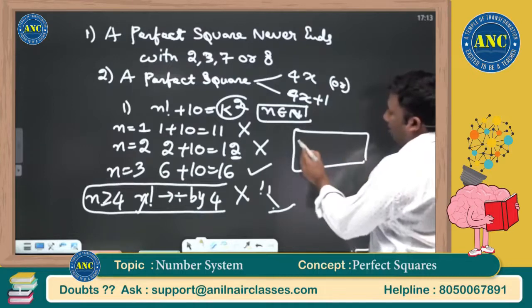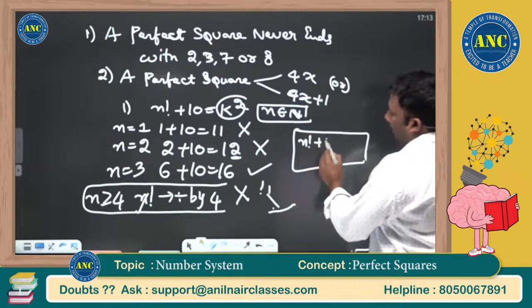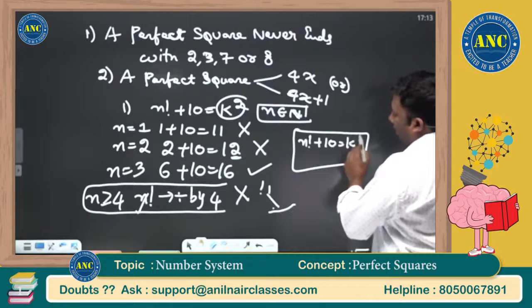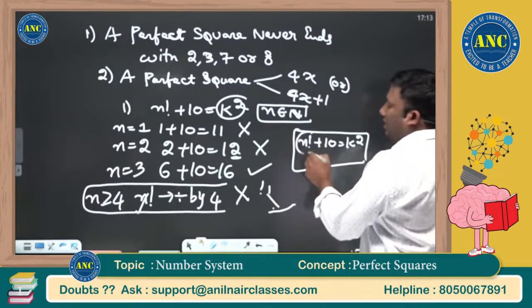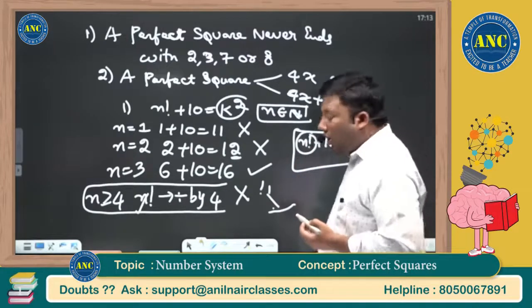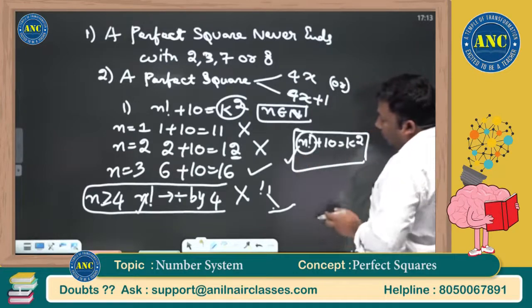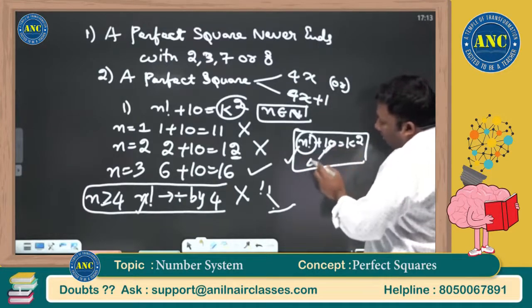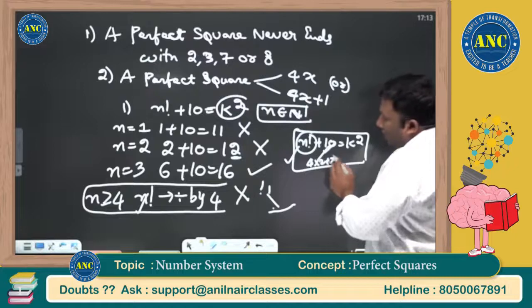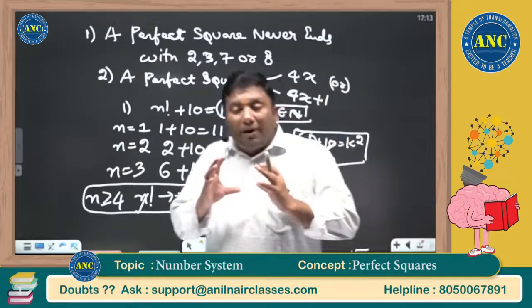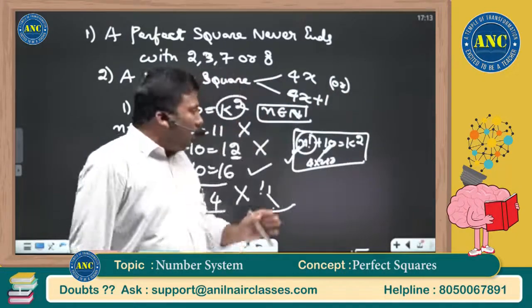Now listen carefully. N factorial plus 10 equivalent to k square. From 4 onwards, n factorial is divisible by 4. 10 is nothing but 4 into 2 plus 2, so it gives a remainder 2.